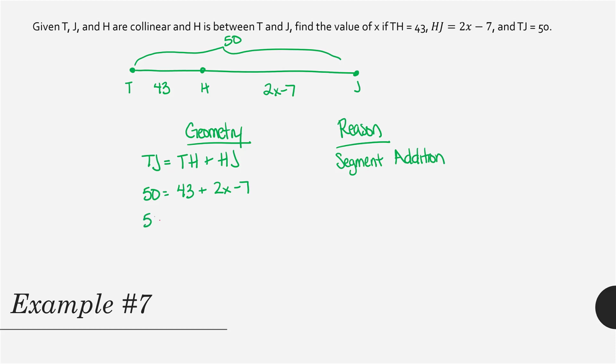So combine my like terms on the right side. 43 minus 7 is 36 plus 2x. Subtract 36 from each side. So 2x equals 14. And finally, I'm going to divide by 2 and find that x equals 7.